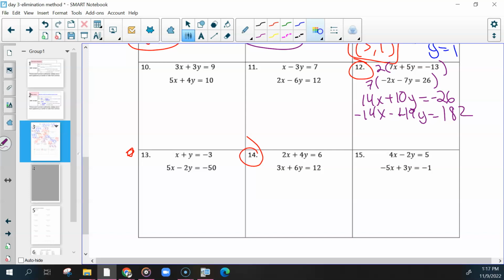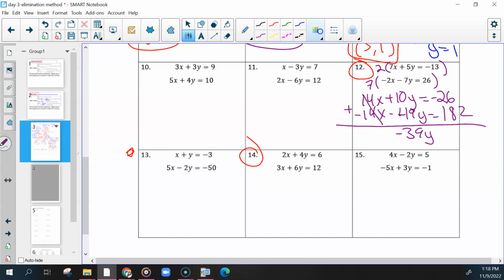So then to eliminate our x's, we would do what? Add. So anytime they're different, add them. 14x plus a negative, those would cancel. 10 plus a negative 49 would be a -39y.